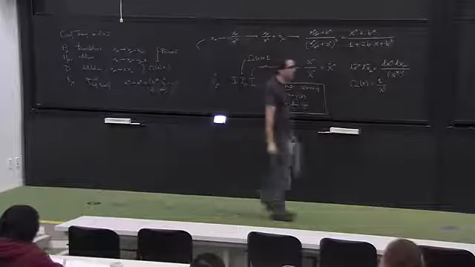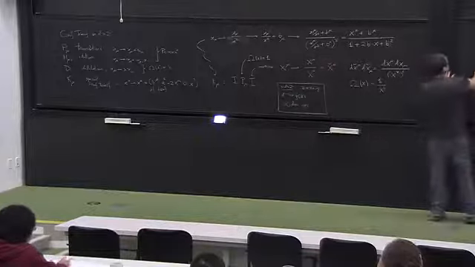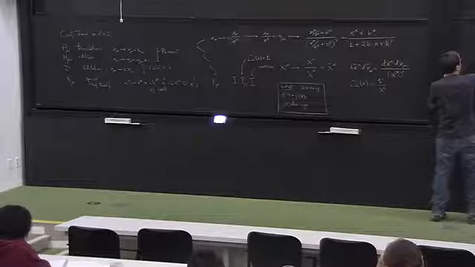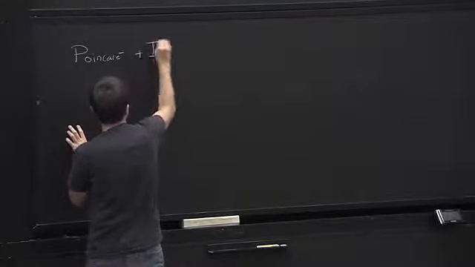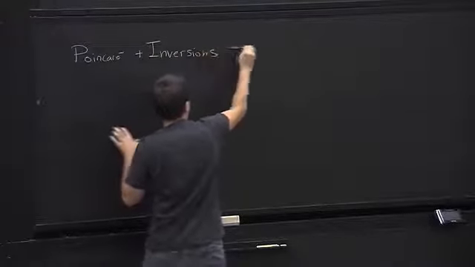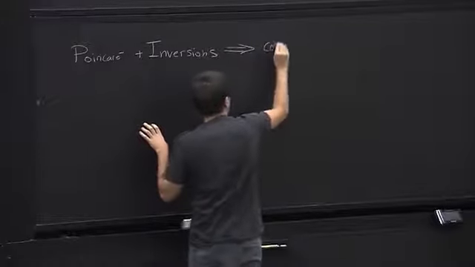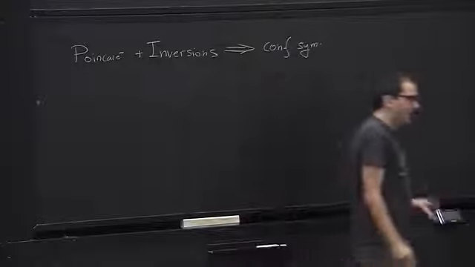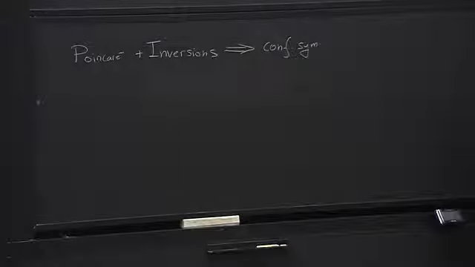So Poincaré plus inversion implies that you have a conformal theory. So the real new guy is this inversion. This is the real special guy.